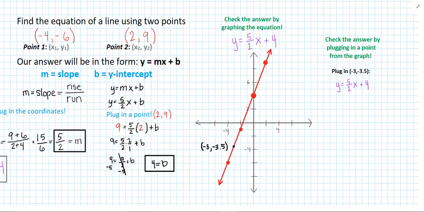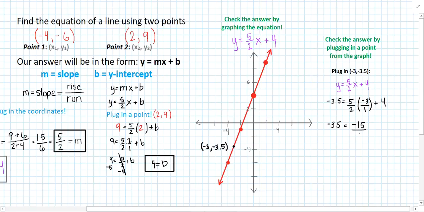So plugging in the x and y value. So we have -3.5 equals 5/2 times -3 plus 4. And since we have a fraction, we can always add a denominator of 1. It makes it easier to multiply this. So simplifying, we have -3.5, and then 5 times -3 on top, 2 times 1 on the bottom, and plus 4.